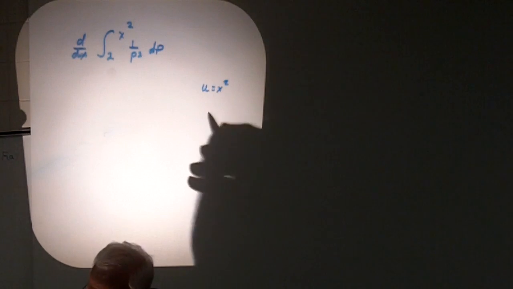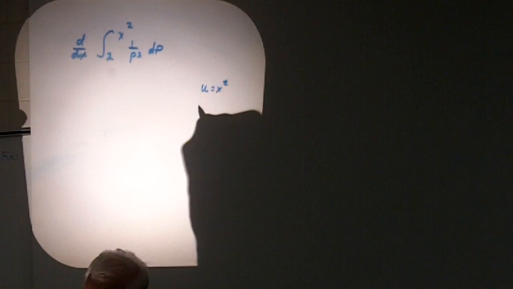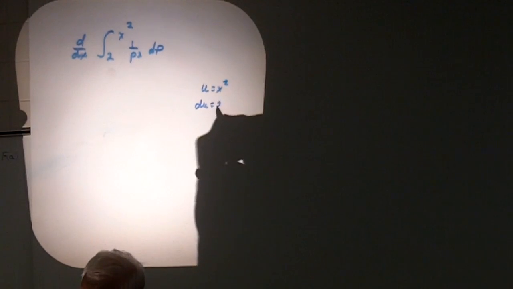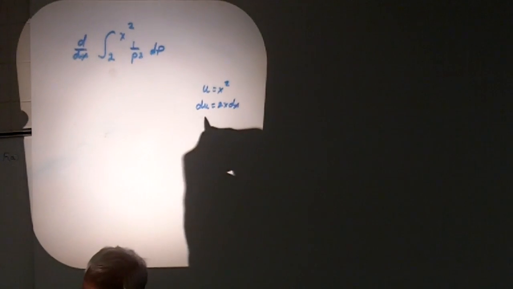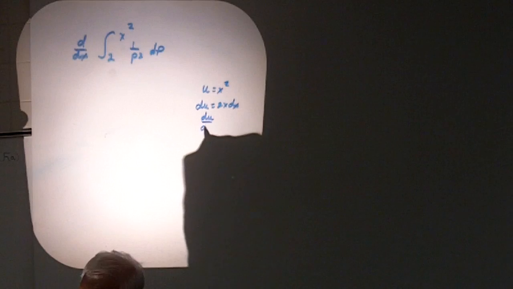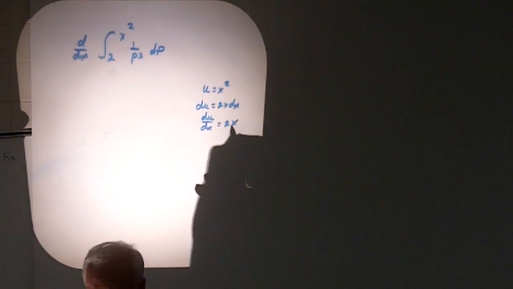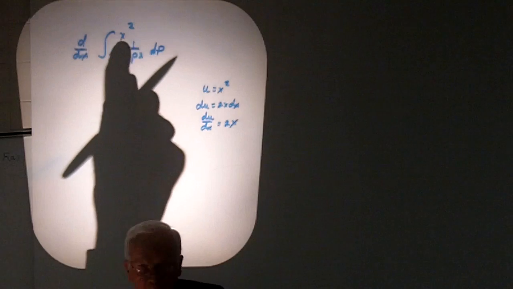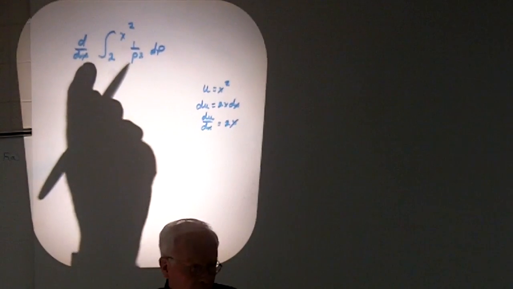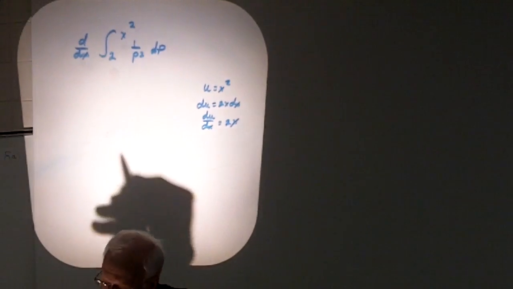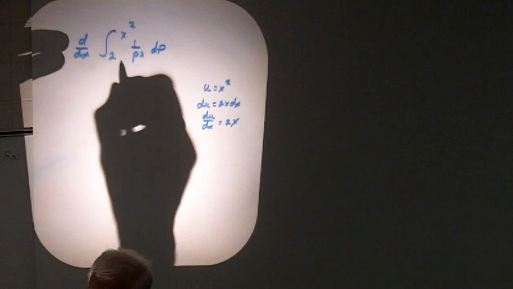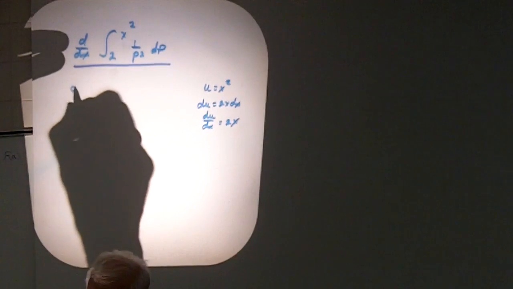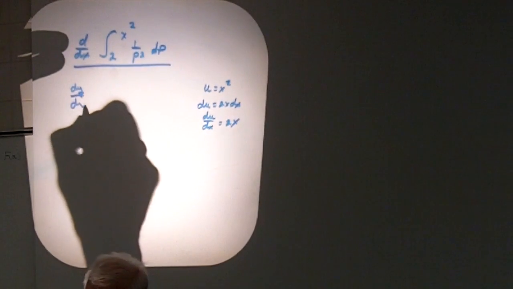So what I'm going to do next is take the derivative of this for a minute, because this is what I'm going to have: du equals 2x dx. Are you with me on this? Now, I'm going to put a u up here, but then I want a u down here. So I'm going to change this reading to be dy dx.